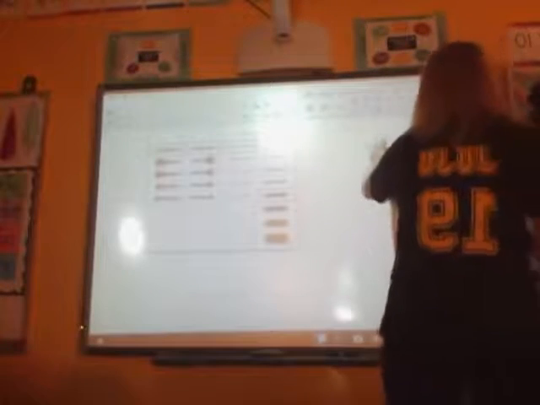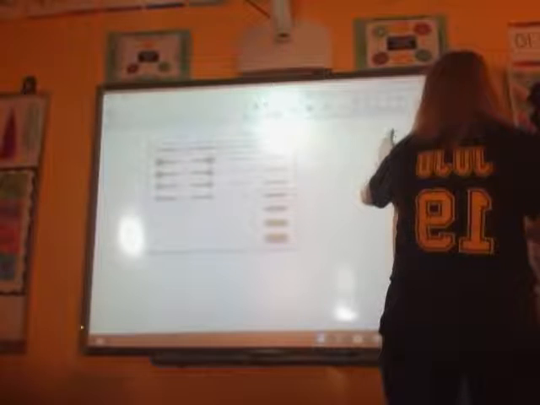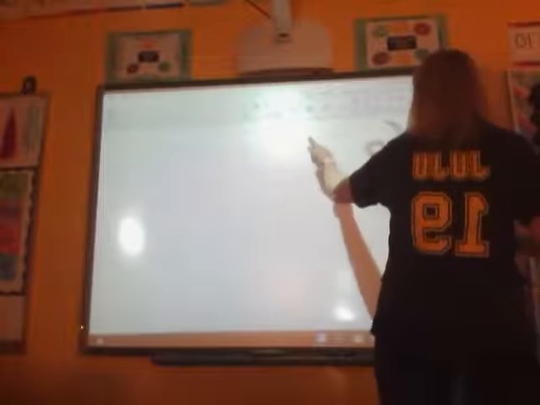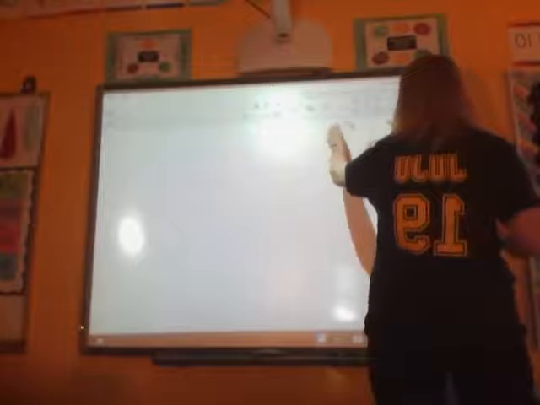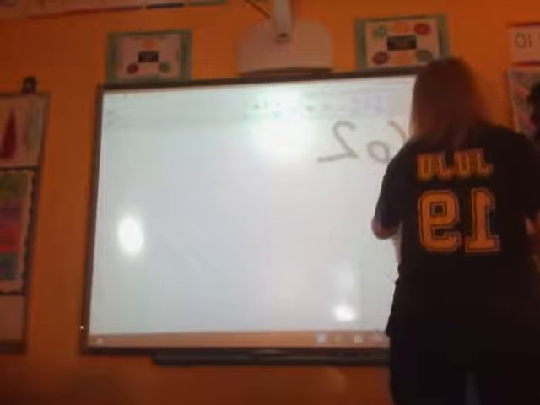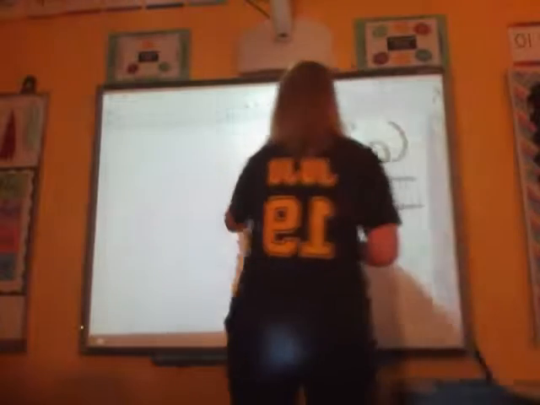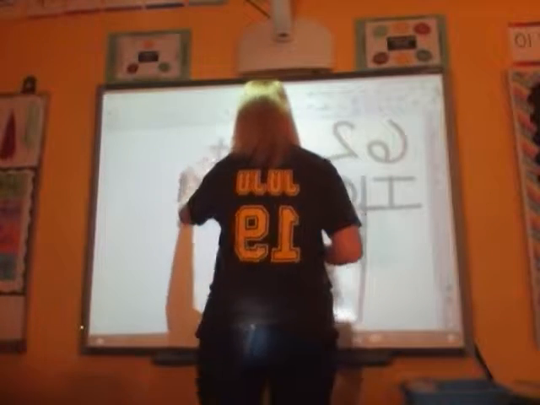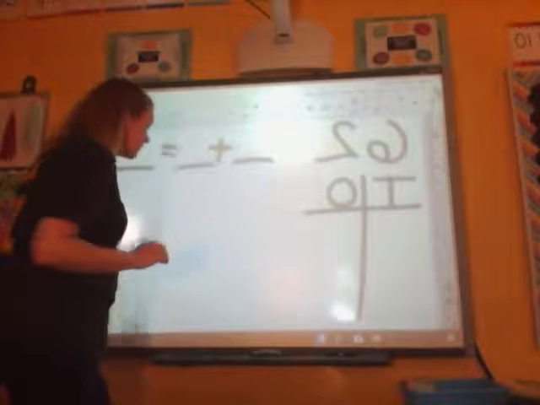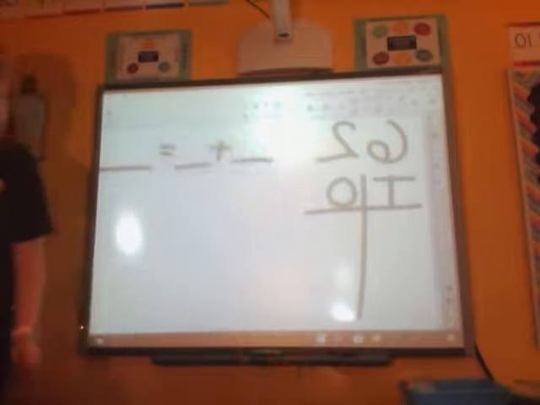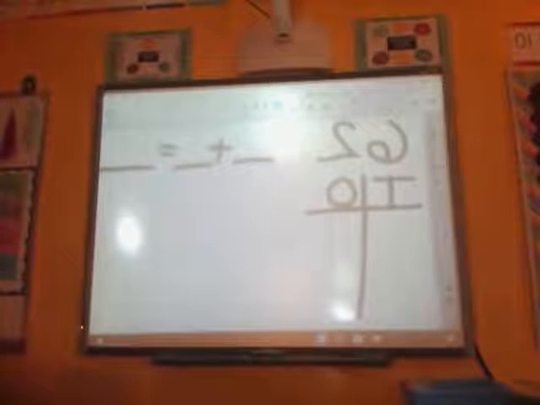All right. The number I want you to do is the number 62 in tens and ones. And then if you can, it's okay if you're not good with it yet, that's okay, try to write it in expanded form.